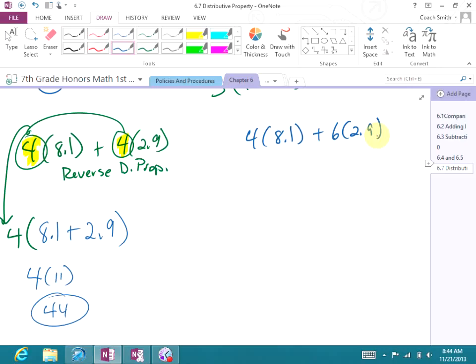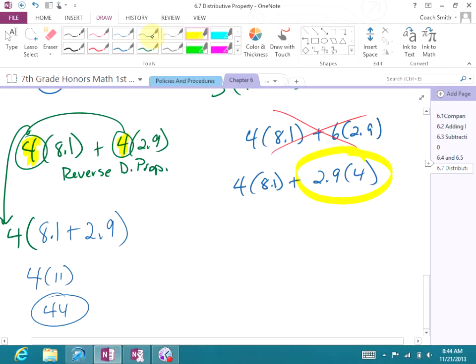Now, if it was this, so we can't use the distributive property there, but if it was this, that right there, okay, we can still use the distributive property, because of the commutative property, that right there is the same thing as that. Those two are the same. Okay, you can flip-flop multiplication terms and factors, and you're still at the same answer.